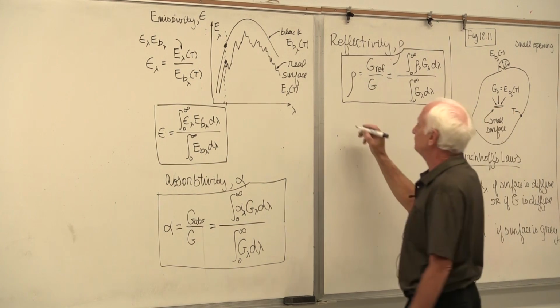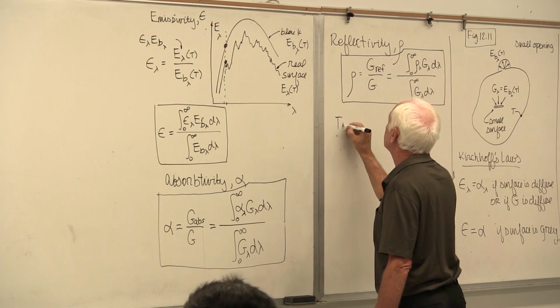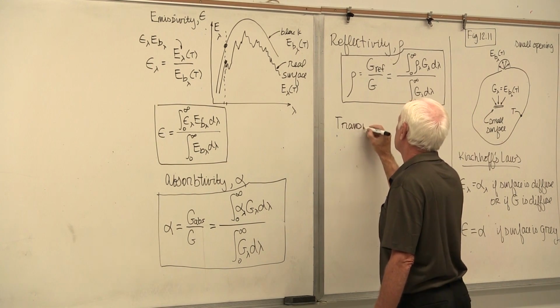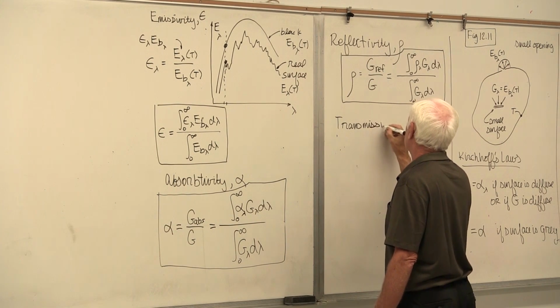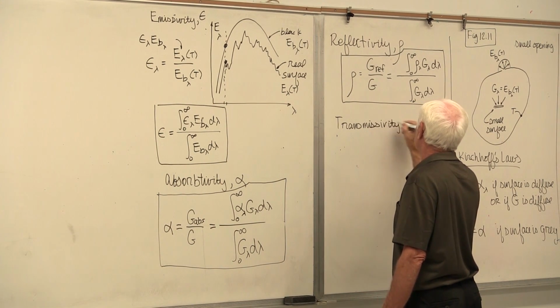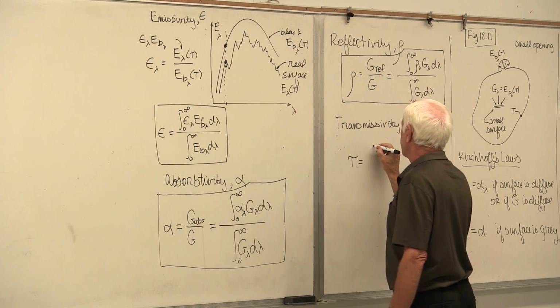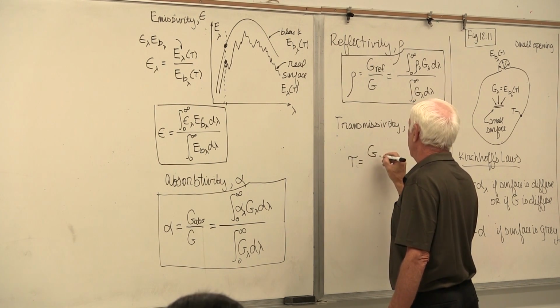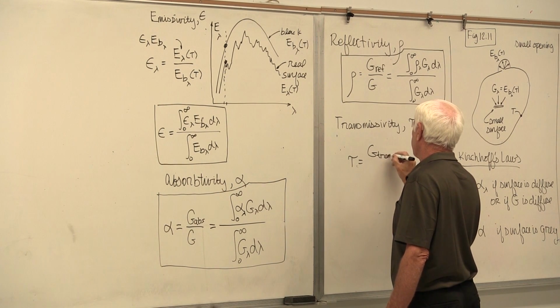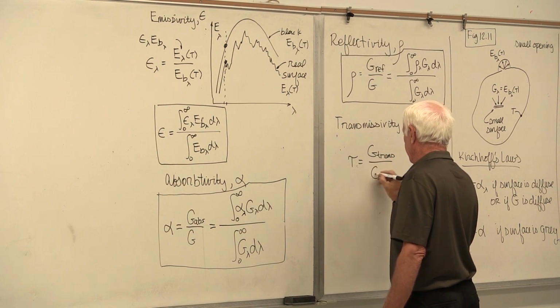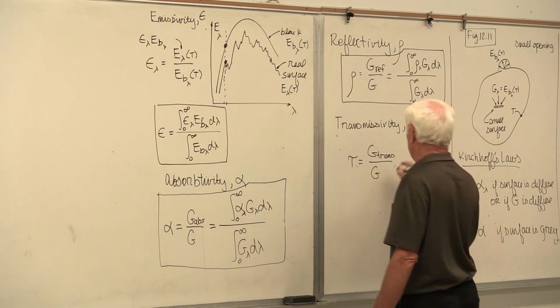Okay, the last one, transmitted. Tau is the transmitted incoming radiation divided by the incoming radiation, G.